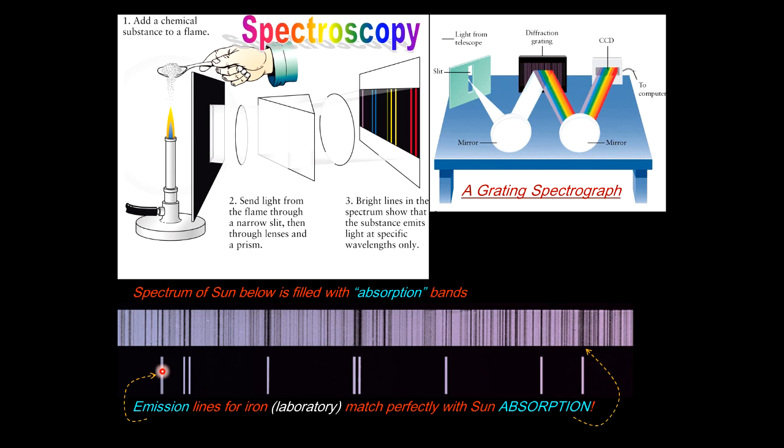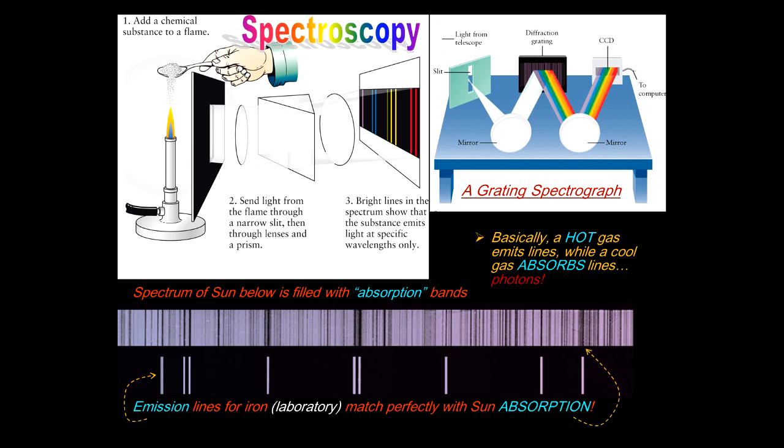Notice, interestingly, that each emission line is matched up with an absorption line on the sun. What this tells us is that the sun actually has iron in its atmosphere, and that atmospheric iron is absorbing the photons of the continuous spectrum, the black body spectrum, which is the photosphere of the sun itself.